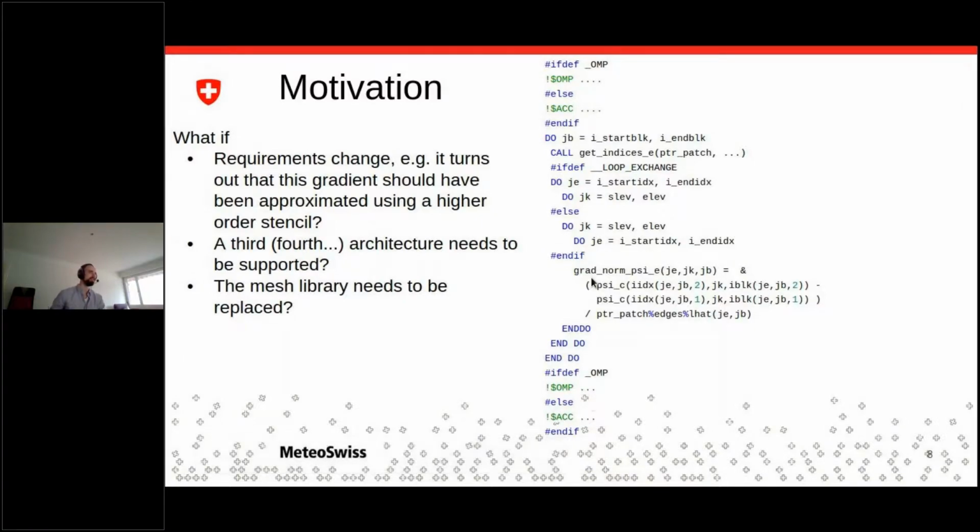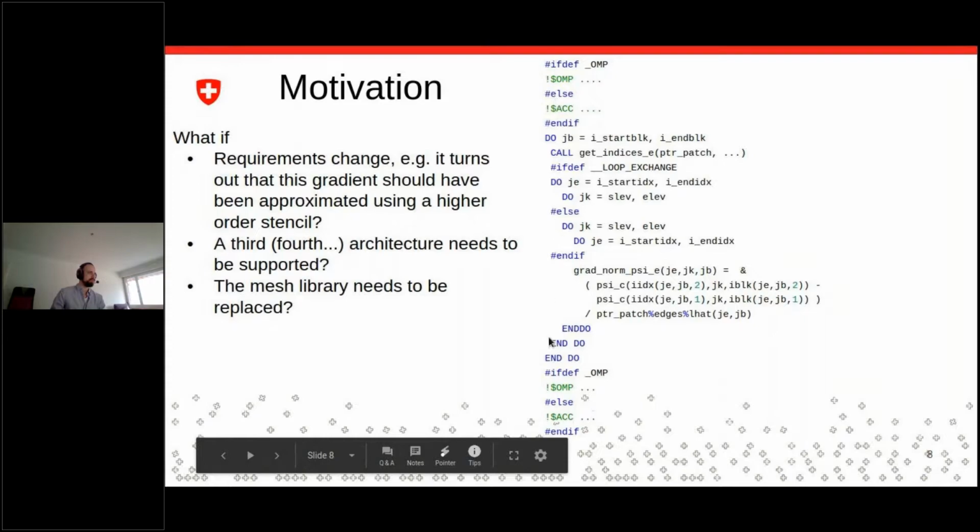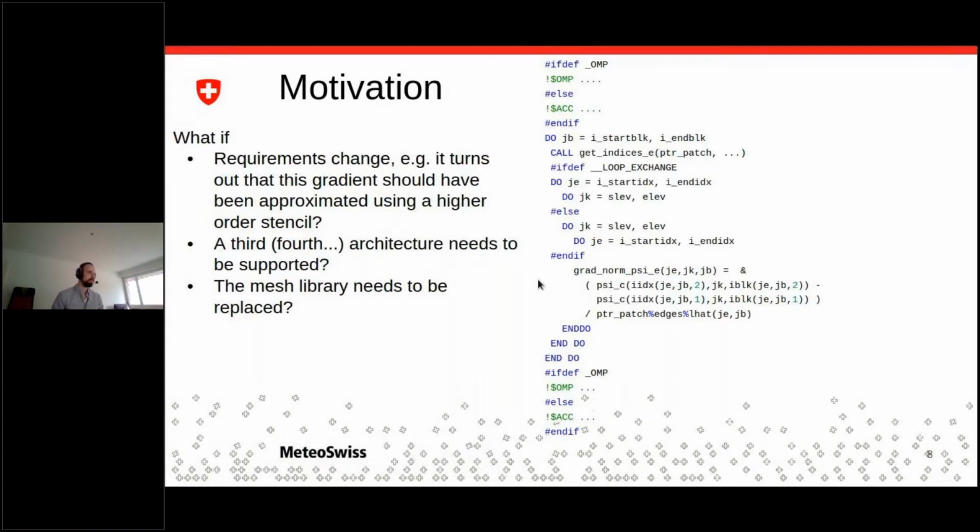And the reason is that, firstly, the ratio between the original equation and all the code lines that are added to support different hardware architectures just becomes very unbalanced. And then next, the original equation and the optimization aspects for supporting different hardware architectures are completely intertwined.